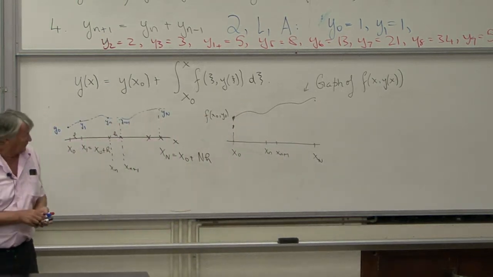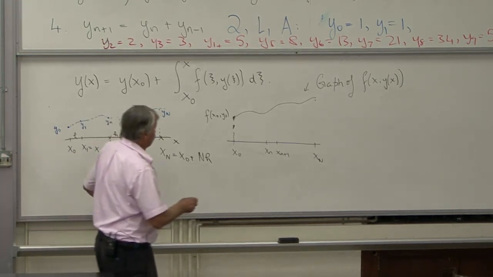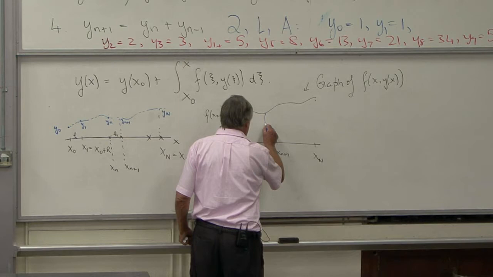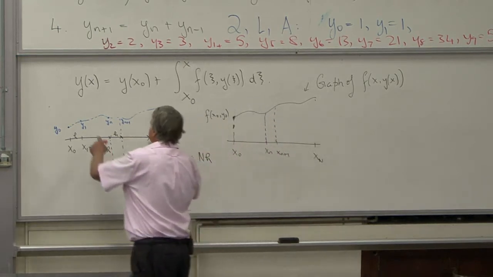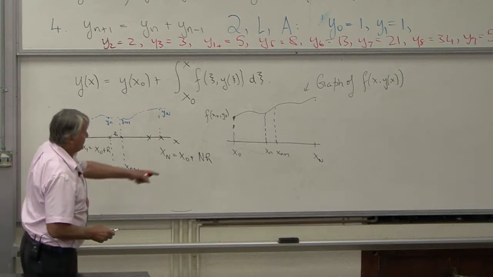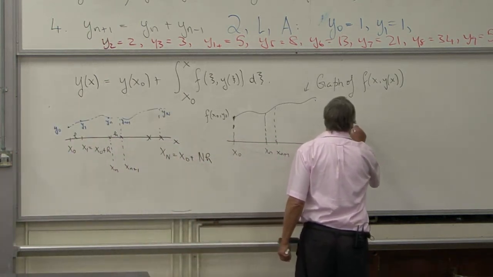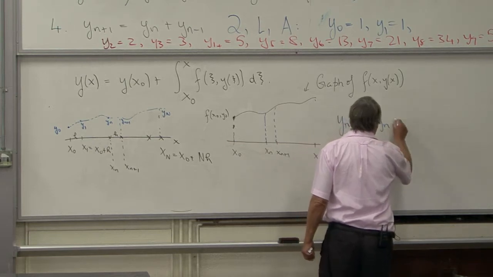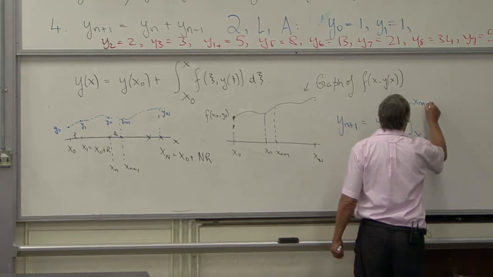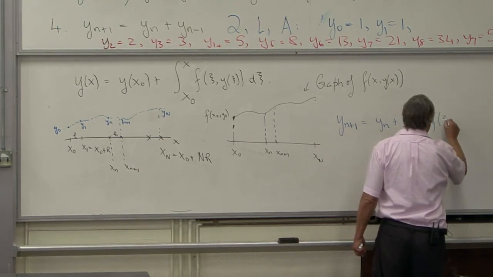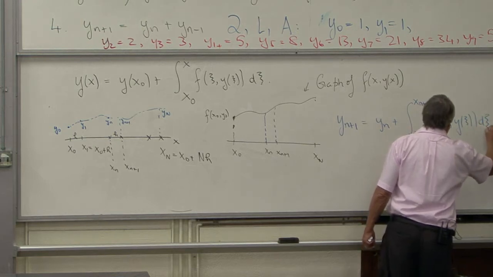Right. Now, supposing I want to approximate. You see, from this, if I want to integrate, yn plus 1 would be yn plus the integral from xn to xn plus 1 of f of c, y of c, dc.